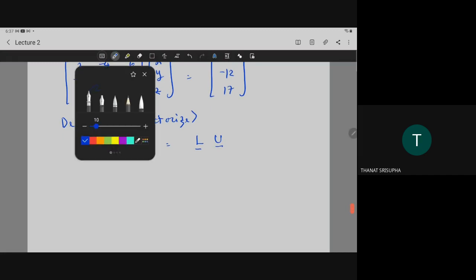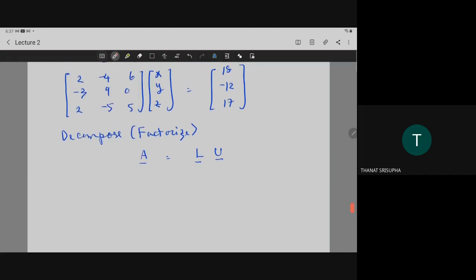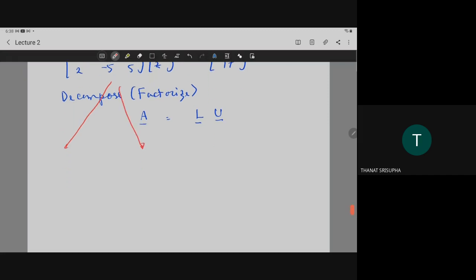In particular, for matrix A, we can separate it into L and U, multiplied with each other, okay?